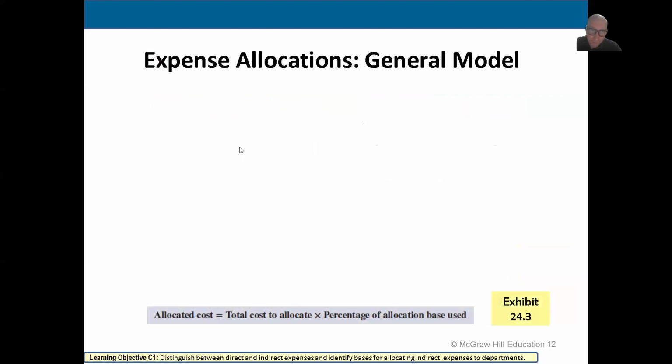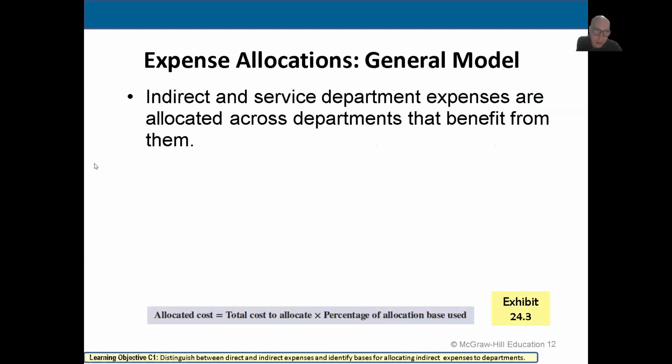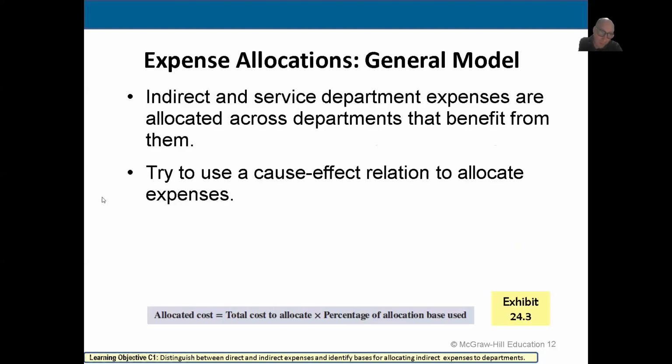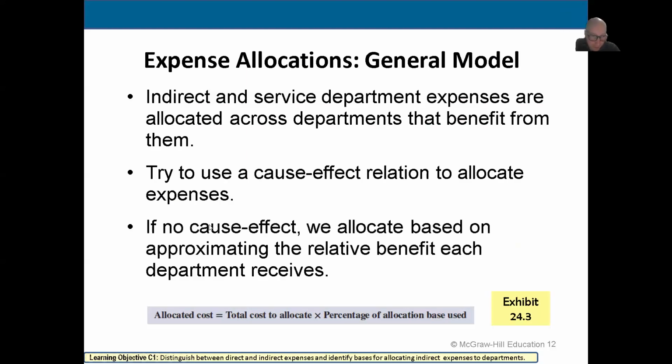So indirect and service department expenses are allocated across departments that benefit from all of them. We use a cause-effect relationship to allocate expenses.